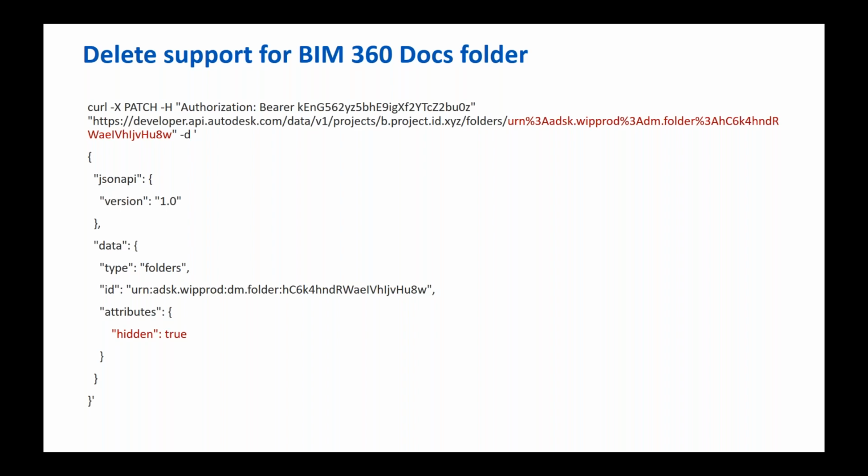Again, highlighted here in red is everything which is important: the URL of the resource you want to patch, and the attribute you need to pass into your payload to activate that. The example is in curl, but as you know, every programming language which can do a REST API call can do the same thing.